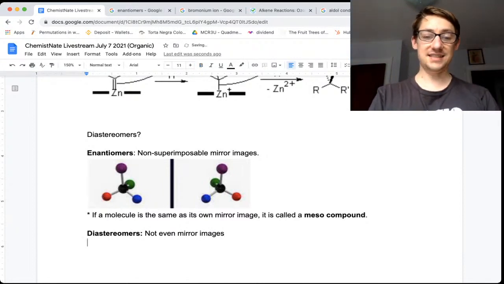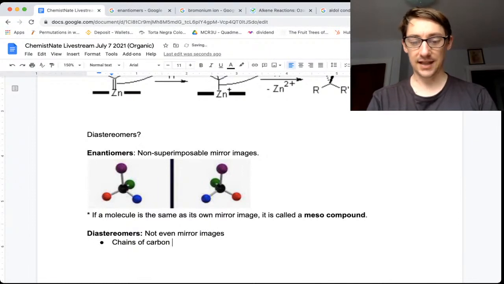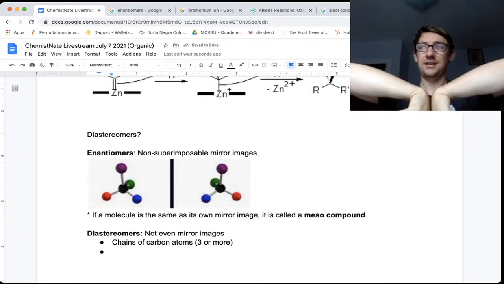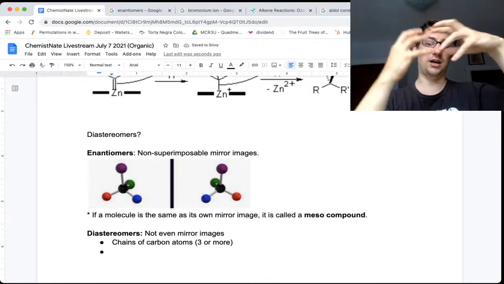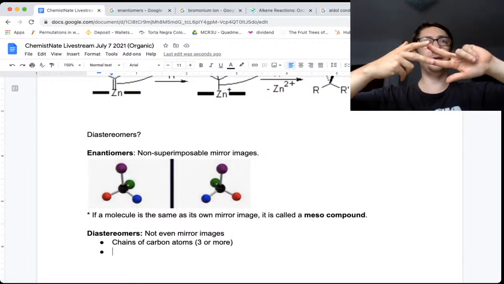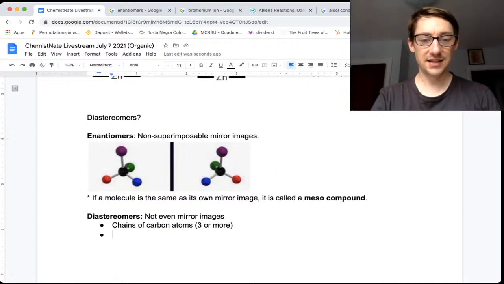The place that I see this come up the most is with longer chains of carbon atoms, like 3 or more, because then the direction that each of the extra groups that aren't along the chain, they could be flipped in a way that makes the two molecules not even mirrors.